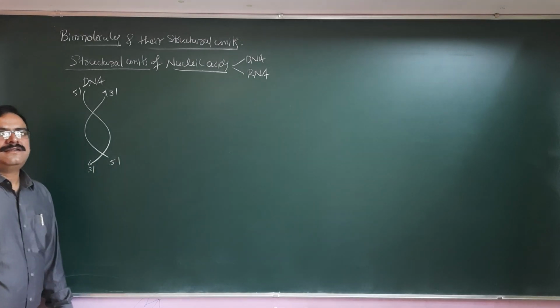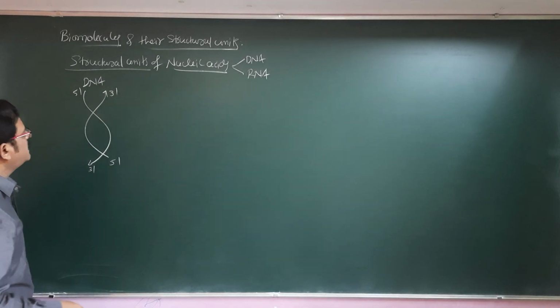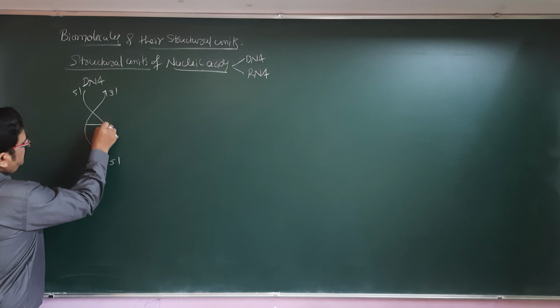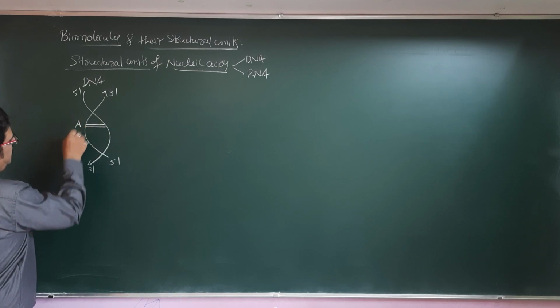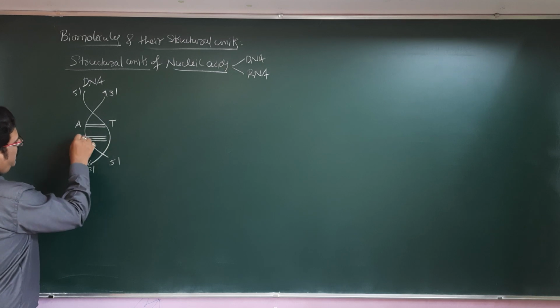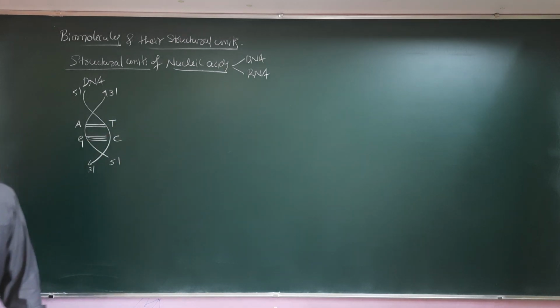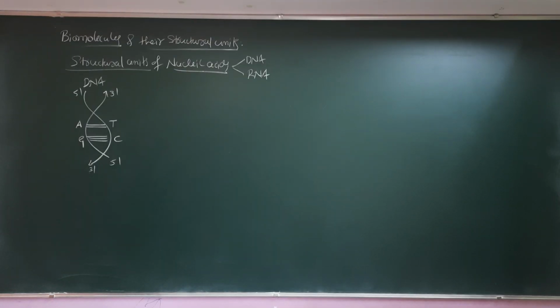Why they are denoted as 3 prime and 5 prime ends, we are going to study now. Generally, adenine always pairs with thymine and guanine always pairs with cytosine. This is basic information I hope you might have studied at school level also. Adenine always pairs with thymine, guanine always pairs with cytosine.